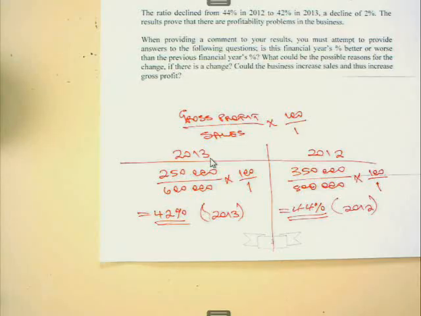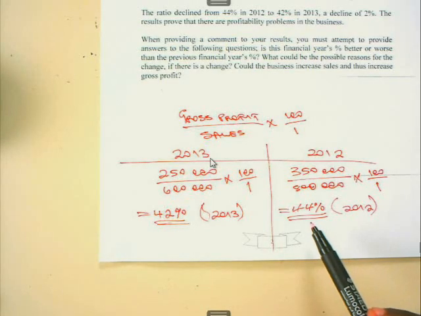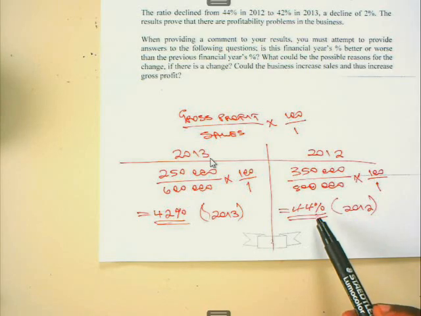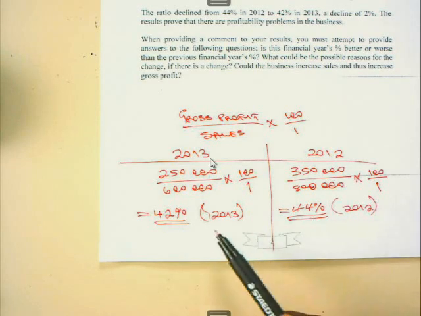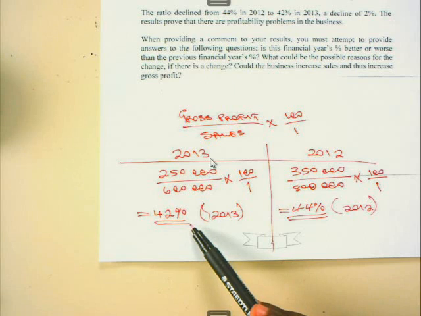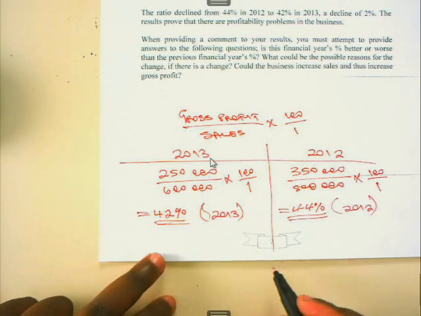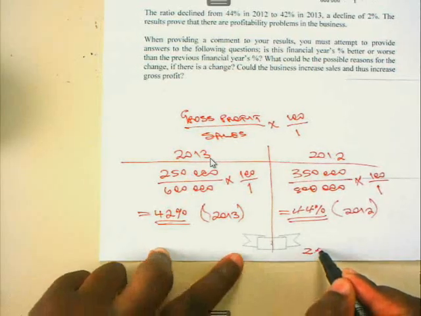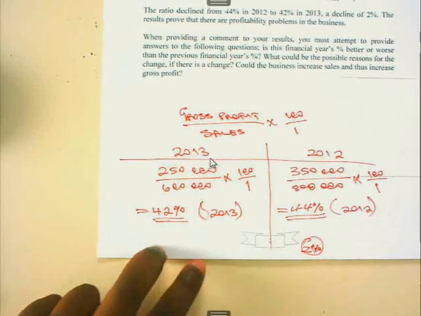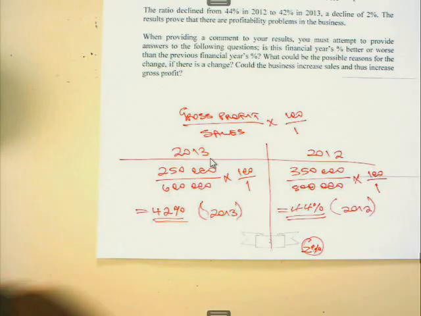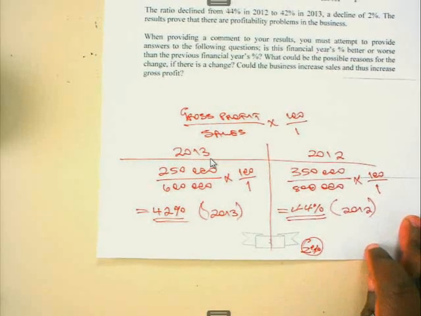Now, if we look at the result, our ratio declined from 44% in 2012 to 42% in 2013. It's a 2% decline. What did we say earlier on?